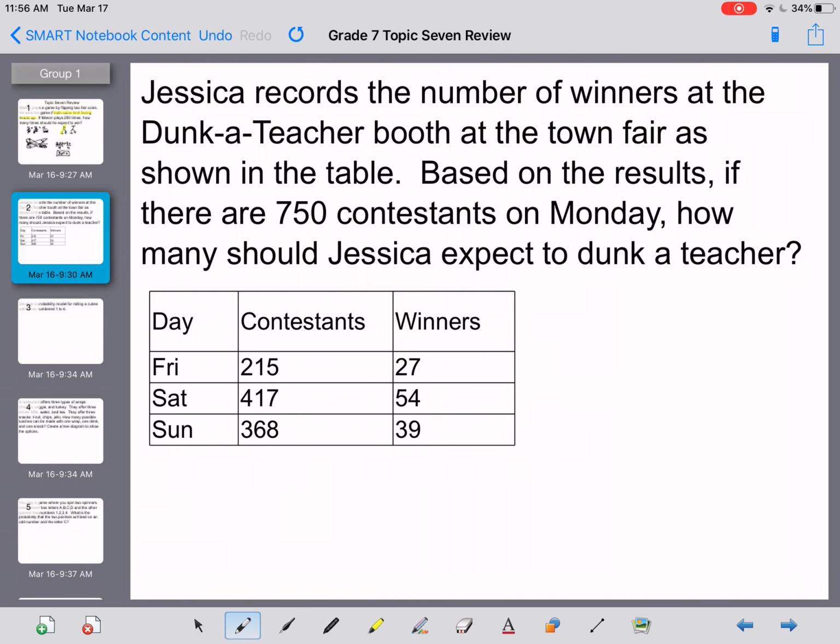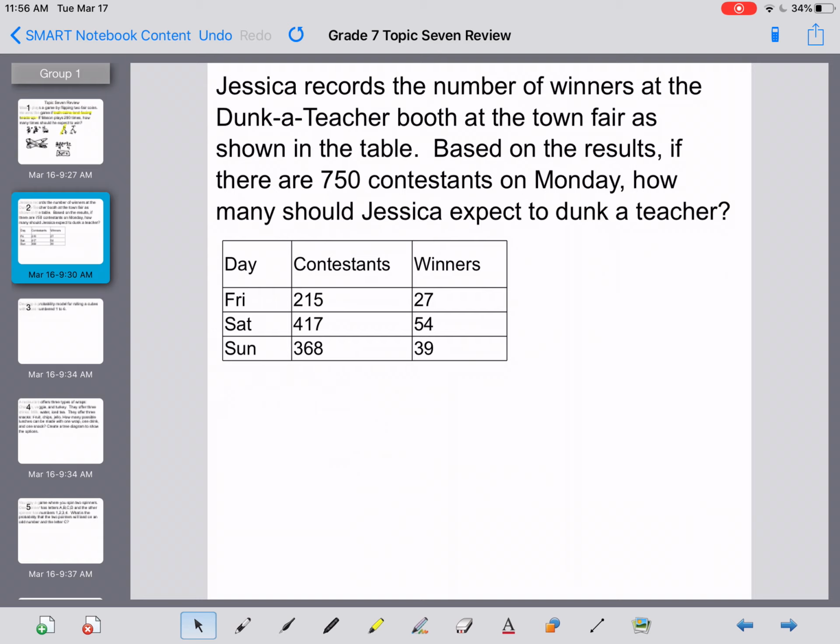Jessica records the number of winners at the Dunk-A-Teacher booth at the town fair as shown in the table. Based on the results, if there are 750 contestants on Monday, how many should Jessica expect to dunk a teacher? Take a second to copy down the question.